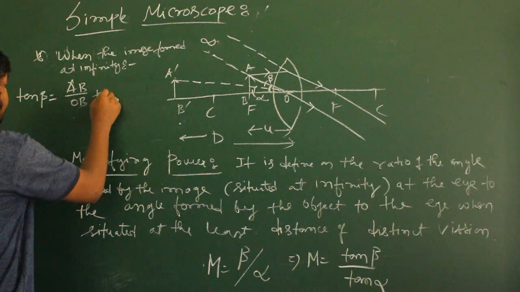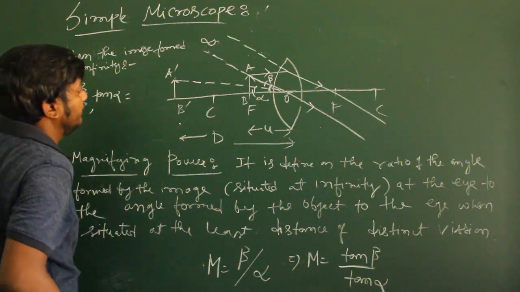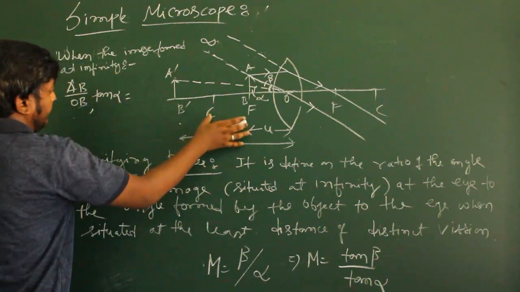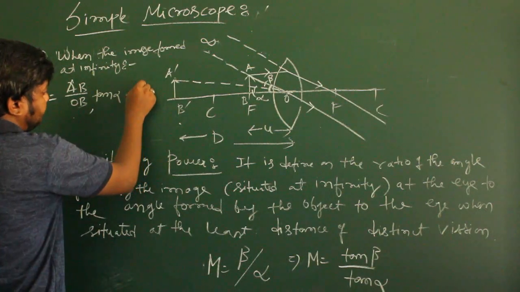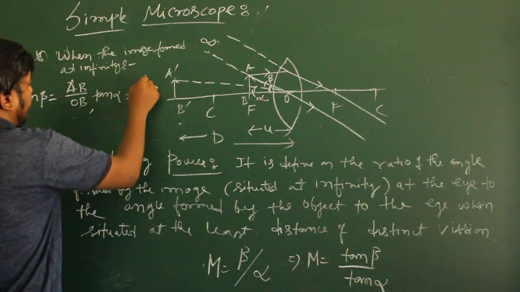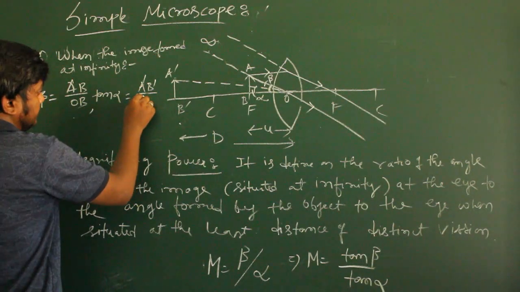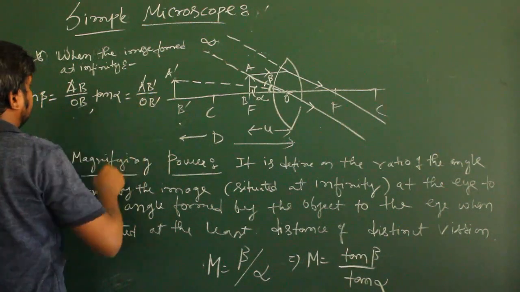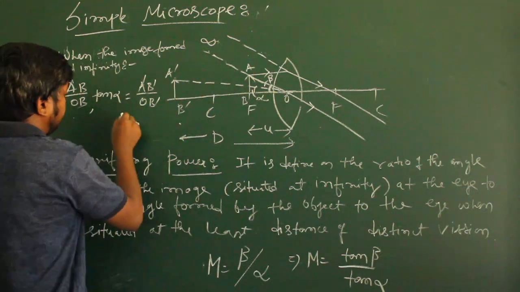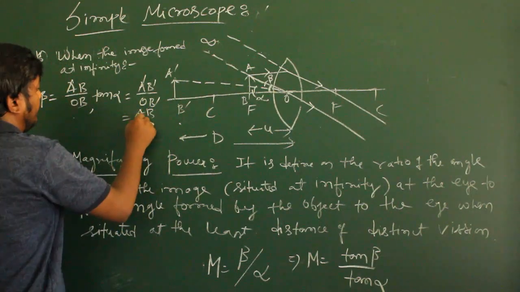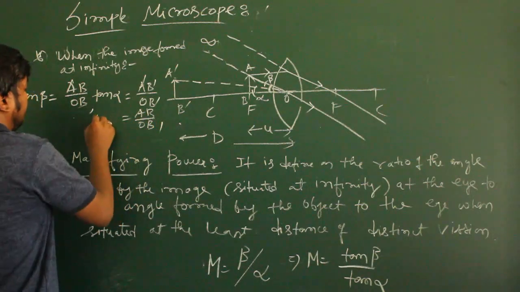And what will be tan alpha? From the diagram, tan alpha will be A dash B dash by OB dash. A dash B dash and AB are the same, so tan alpha will be AB by OB dash.